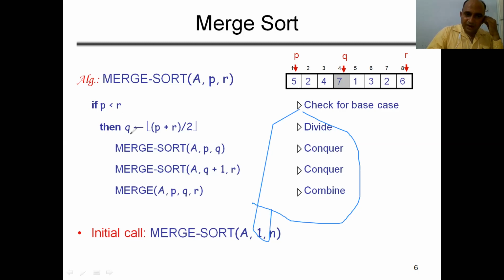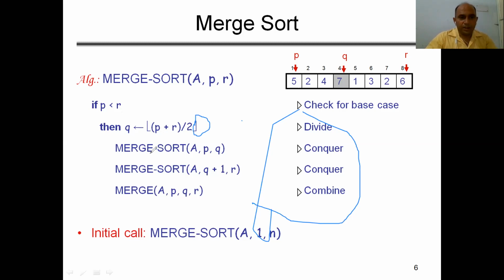If P is less than R, we will calculate Q, that is equal to floor of P plus R upon 2. This function calculates the middle index, and these brackets mean we have to take the lowest integer part. This is a floor function.